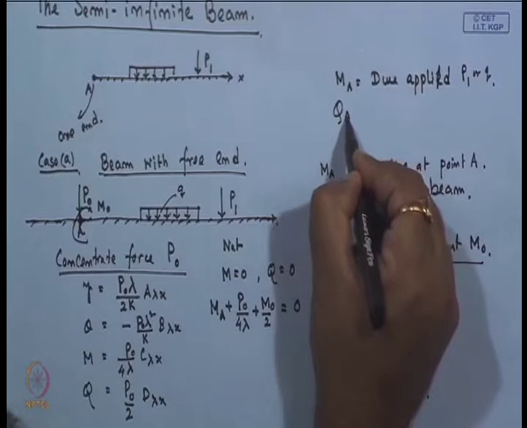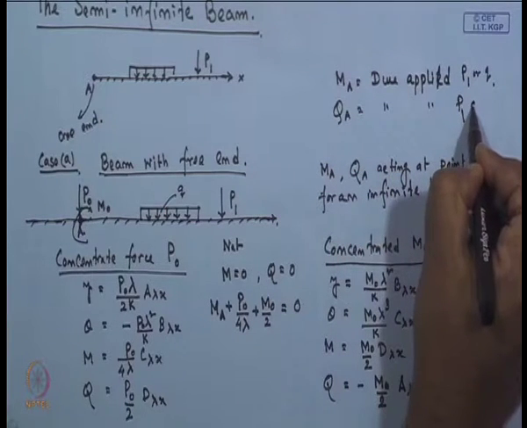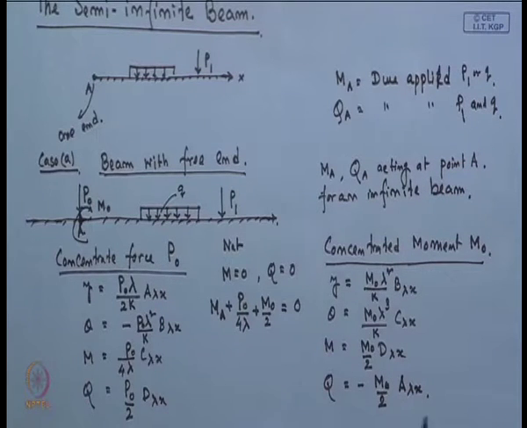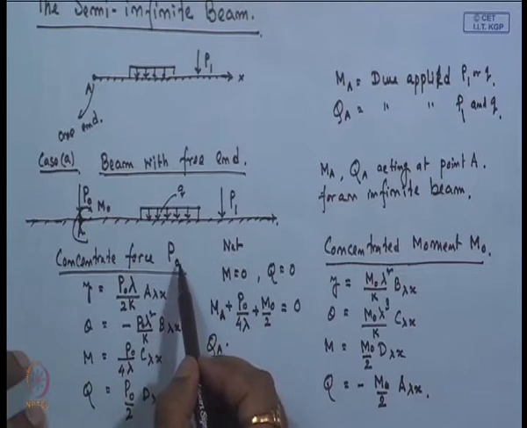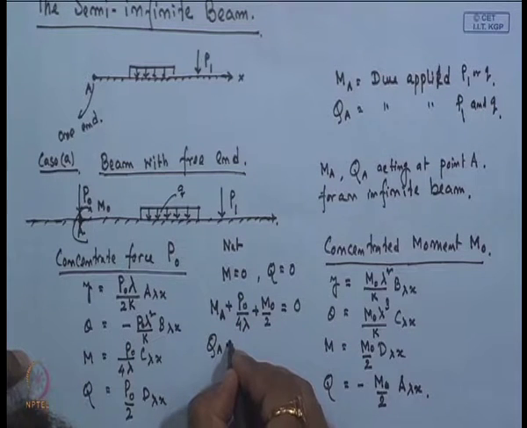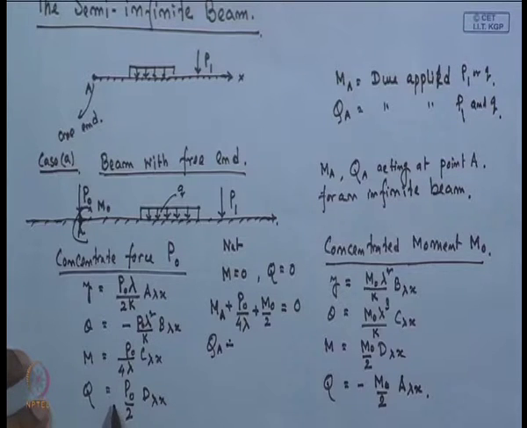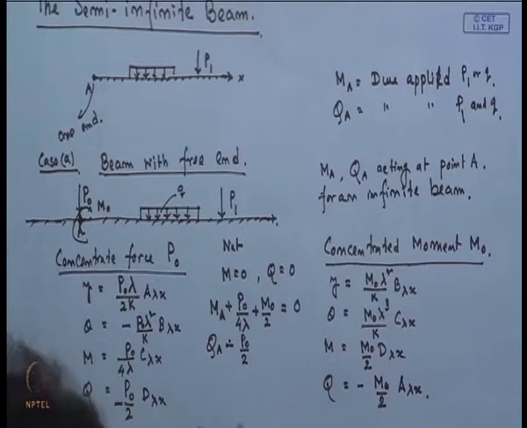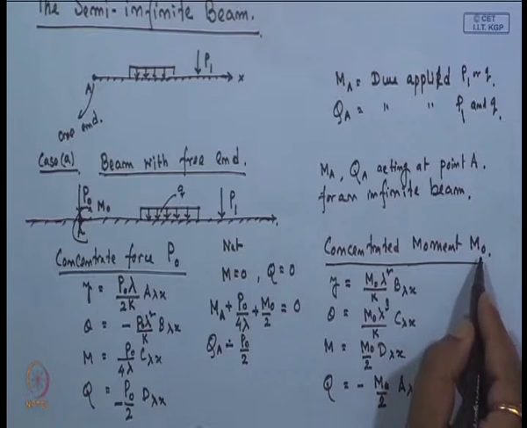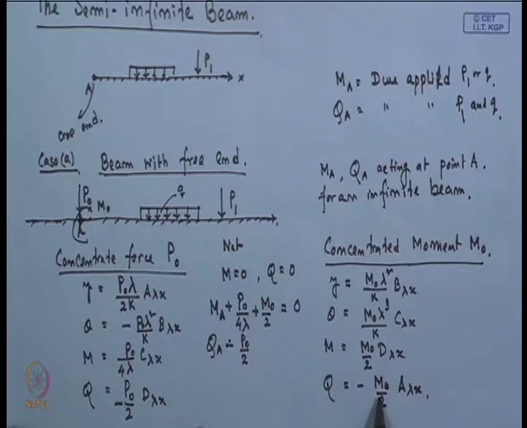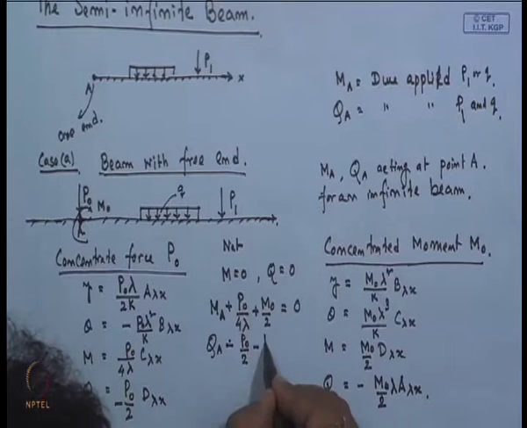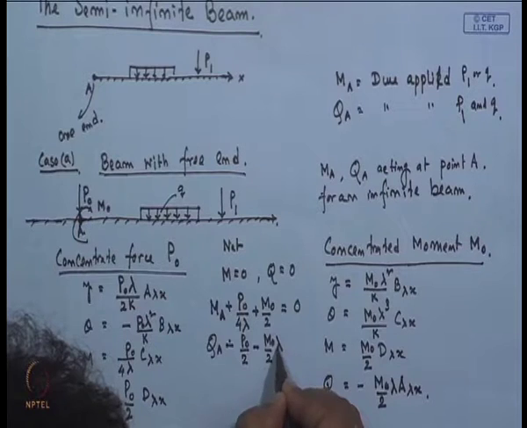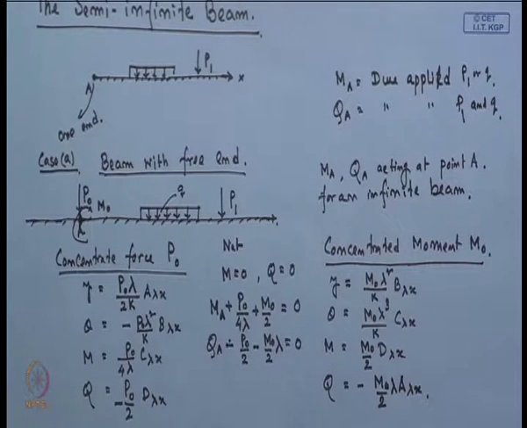So, Q A is due to applied P 1 or Q. Then the shear force due to this concentrated force P 0 is actually minus P 0 by 2, then another due to this concentrated moment, and that is minus m 0 by 2 lambda, that is also equal to 0.